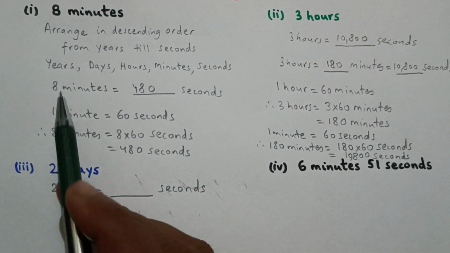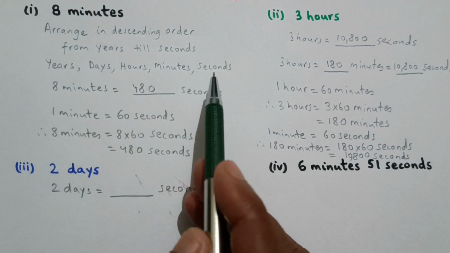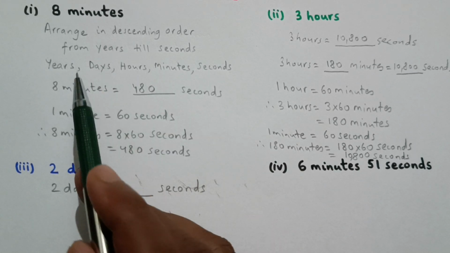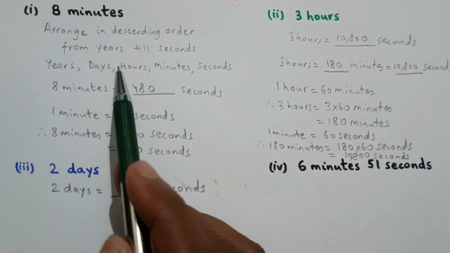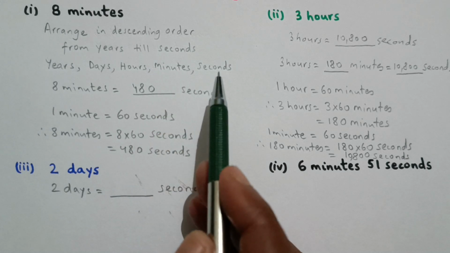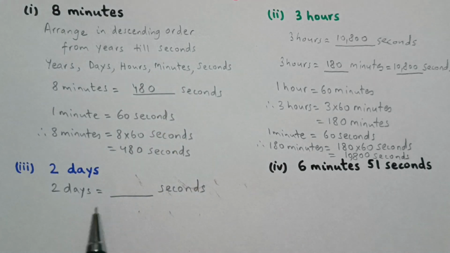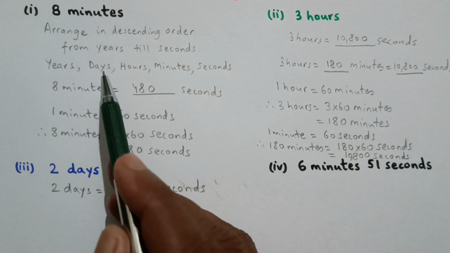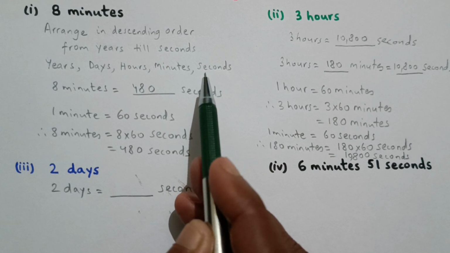Now let us look at this descending order from years to seconds. First it is years, then days, then hours, then minutes, and then seconds. So in this question we have to convert from days to seconds.